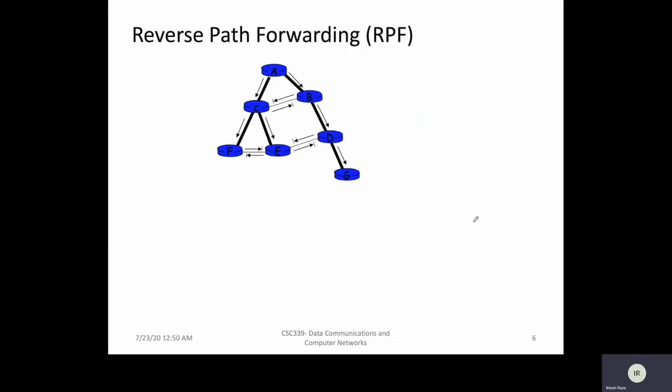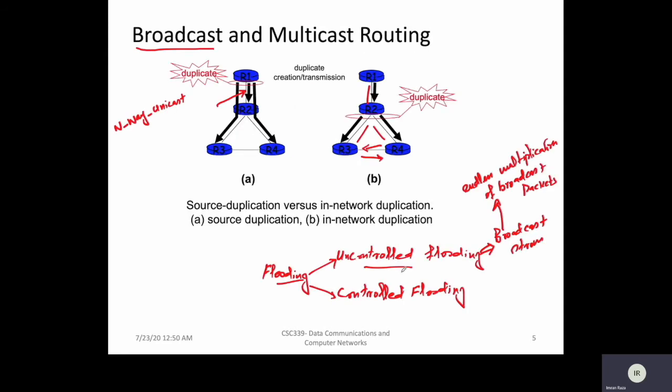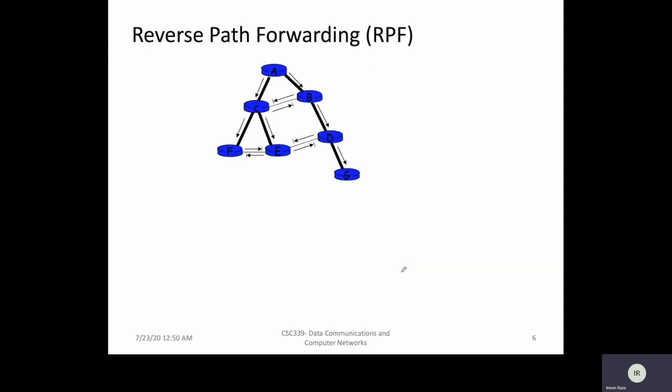Right. So there is another type of flooding approach that is listed here, that is controlled flooding. So let's try to look at an example of controlled flooding. Reverse path forwarding is an example of controlled flooding.